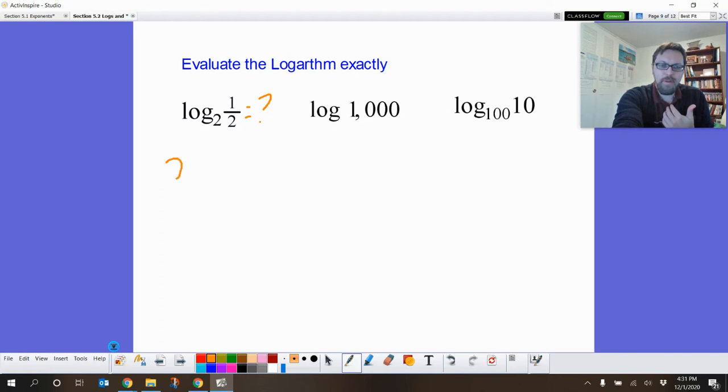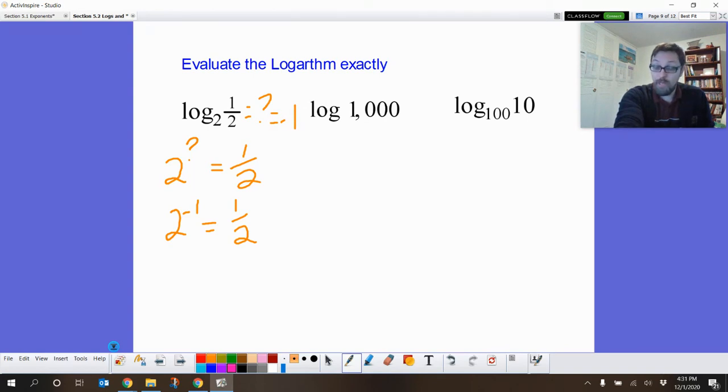So I think about, okay, well, 2 to the what equals 1/2. Well, all that really happened is it's a fraction. So I just need to bring 2 to the denominator. I can do that with negative exponents. So 2 to the negative 1 equals 1/2. So this equals negative 1. What about this one?